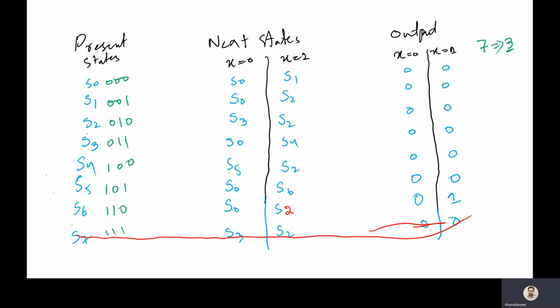So now we have assigned these binary codes to these states, and now we can make this state table using these codes. So let's do that. So we have these present states.